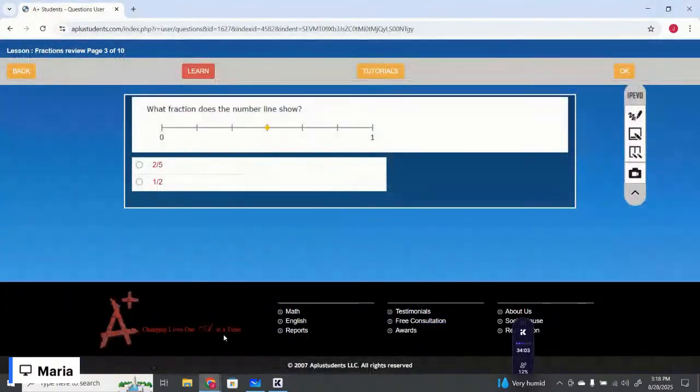That is 1 out of 2, isn't it? Option number 2 is the correct option. 1 out of 2 it is.